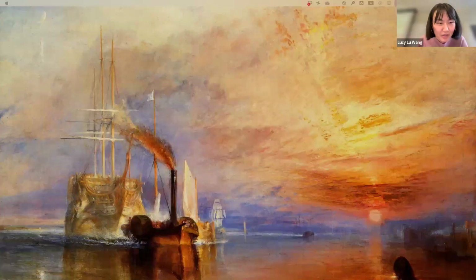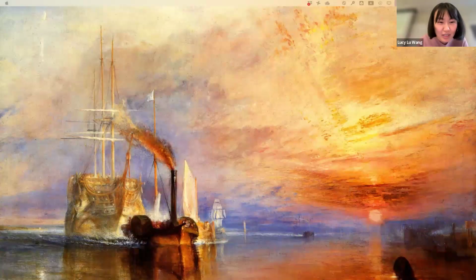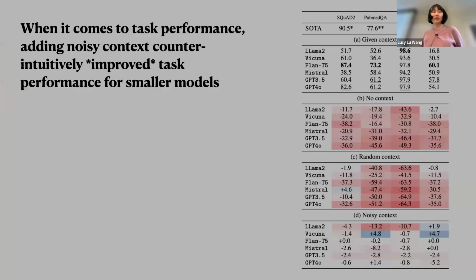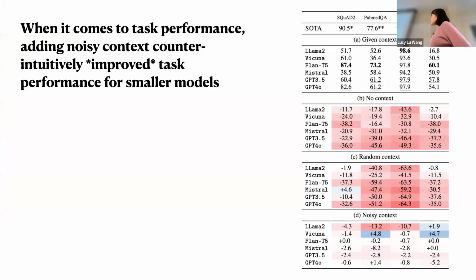Actually, I accidentally skipped a slide. I want to also show the task performance in these context perturbation settings. What we're seeing here is that the context does matter for answering these questions correctly.